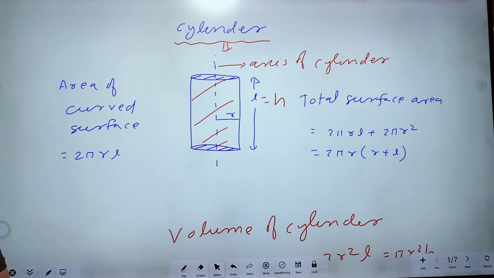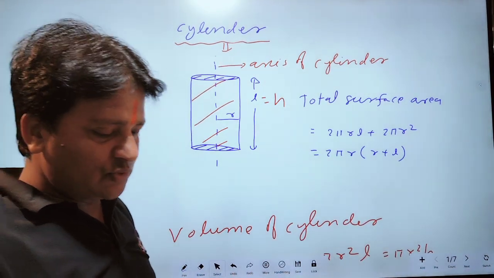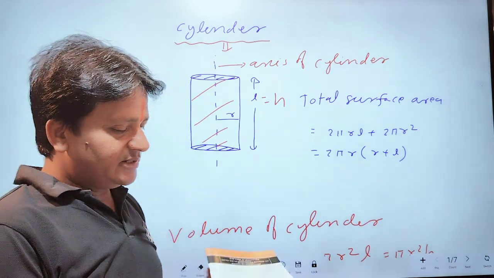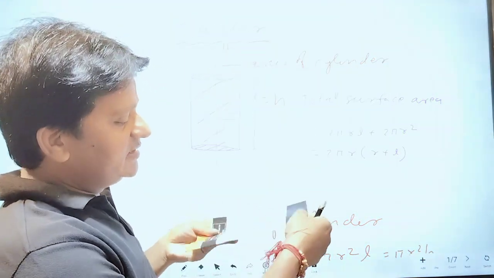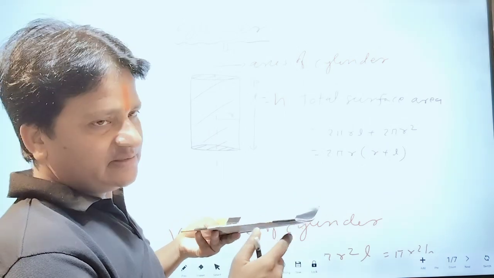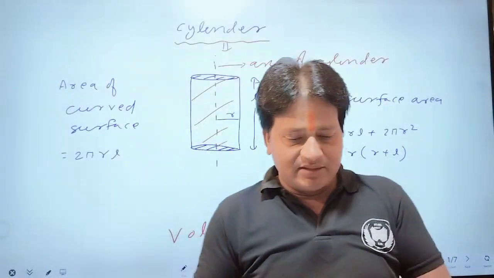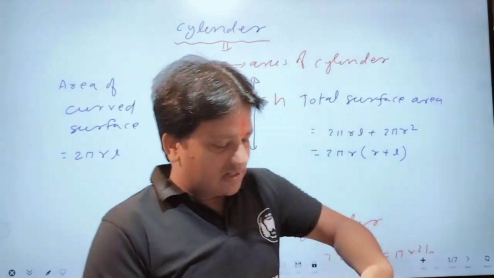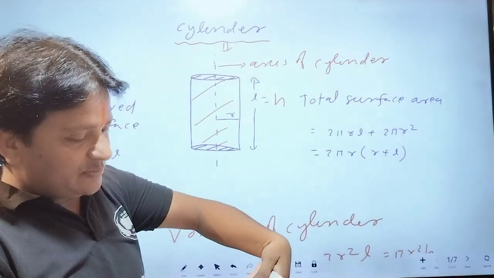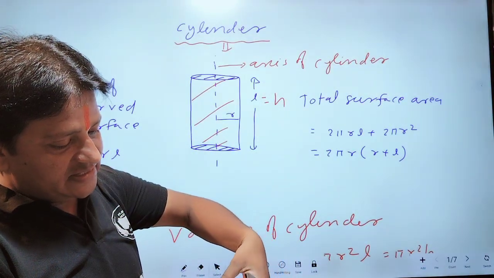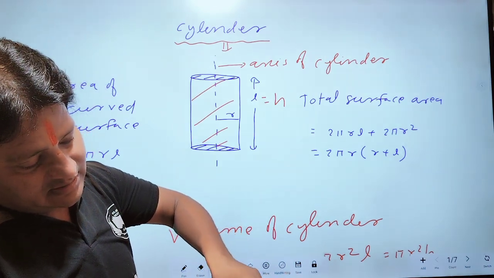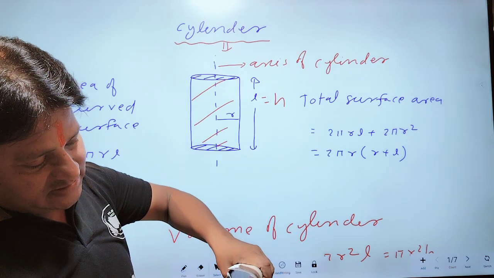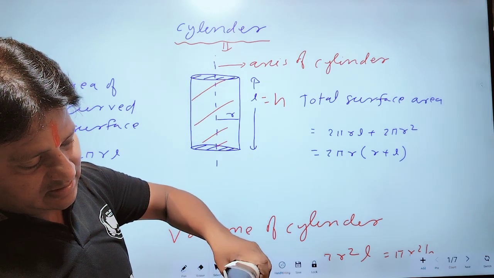Suppose this is a book and this length is width and this length is length. Okay? Now I am going to make a cylinder like this. Okay? This is the curved surface.